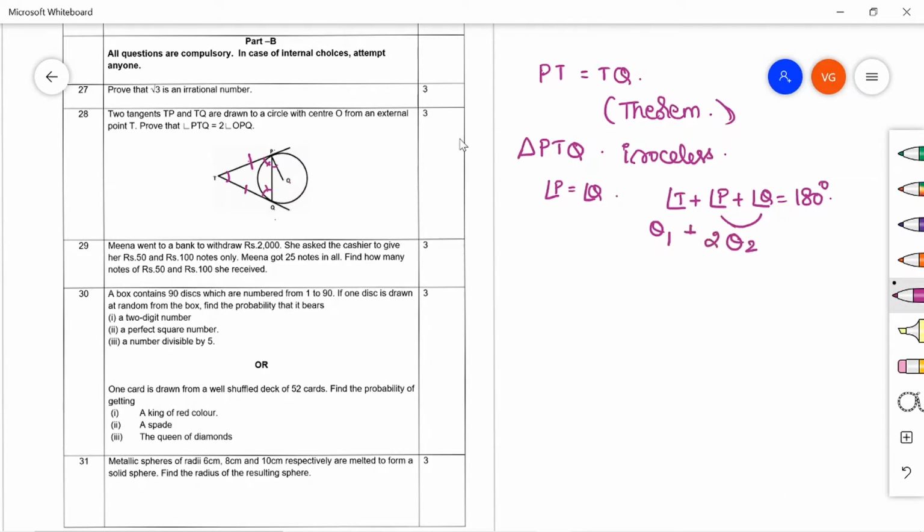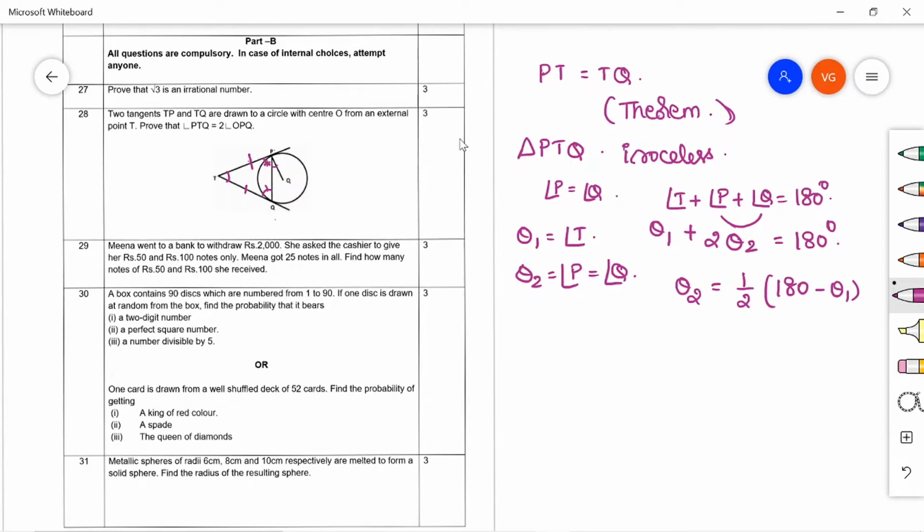So 2 theta 2 is equal to 180 degrees. Now what is this theta 2? Theta 2 is nothing but half of 180 minus theta 1, right? So I am writing theta 1 is equal to angle T, theta 2 is angle P and also angle Q because they are one and the same. So theta 2 is half into 180 minus theta 1.